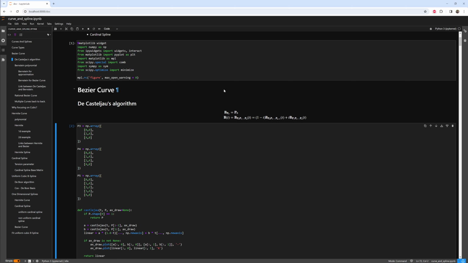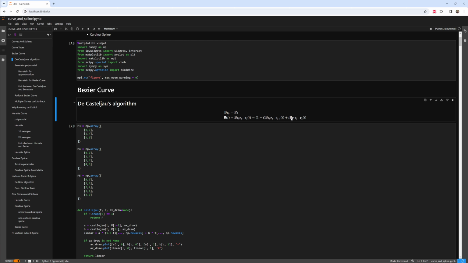It basically says that a Bezier curve that has only one point is equal to that point. That's it. And any other Bezier curve that is defined with n points is just equal to the linear interpolation with the Bezier curve that goes from point 0 to point n minus 1.